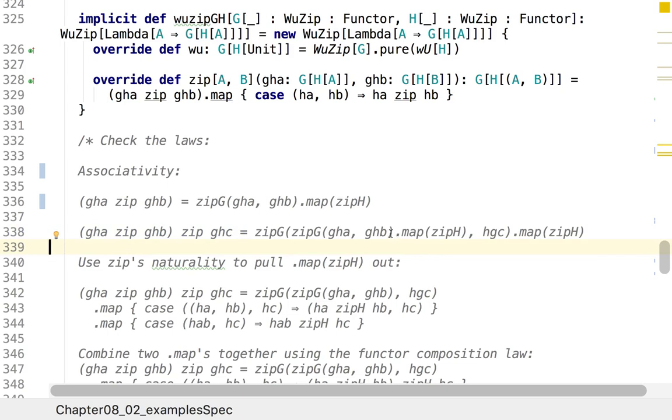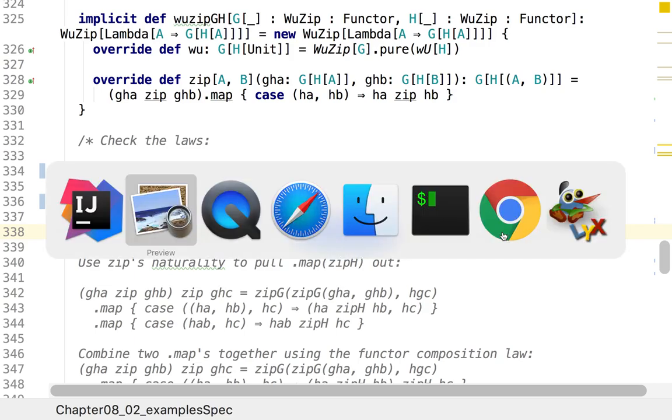The naturality law says that for this zip, if one of its arguments has a map working on it, we could put this map over here and work on the first type inside the zip, leaving the second type unchanged. So that's a naturality law.